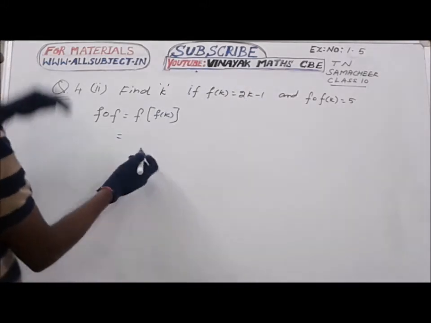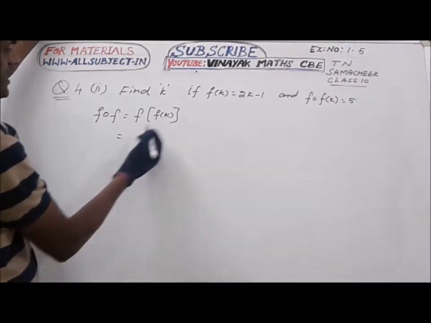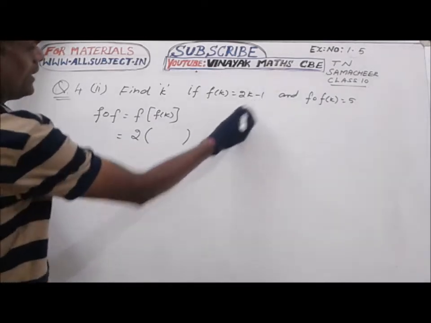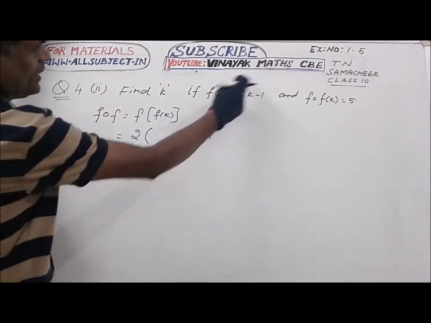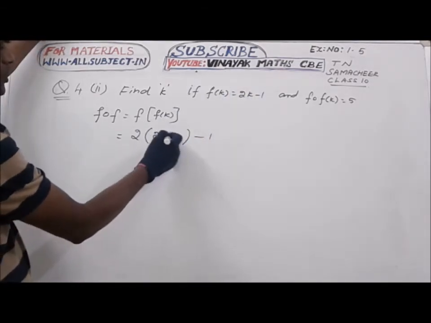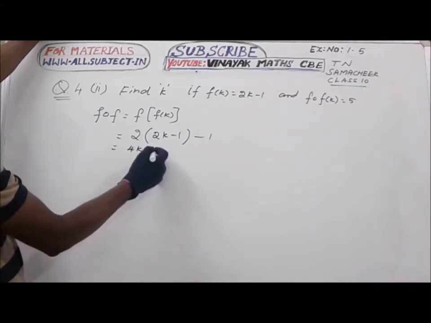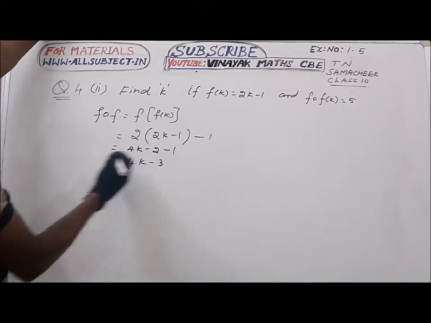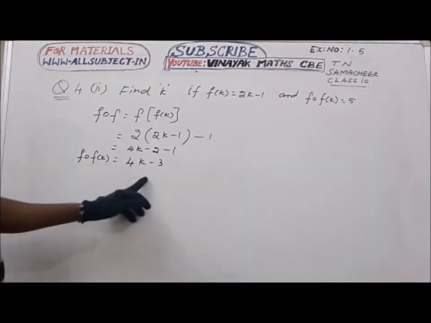In the place of k in f of k substitute f of k, that means 2 into, instead of k open a bracket and minus 1, within this bracket substitute the function f of k, which is 2k minus 1. Now multiply inside: 4k minus 2 minus 1. This is equal to 4k minus 3. So f composition f of k equals 4k minus 3.